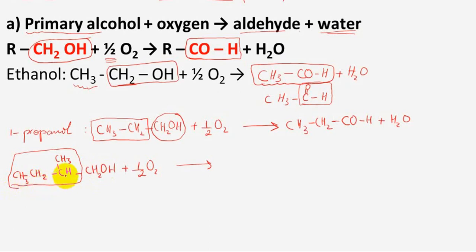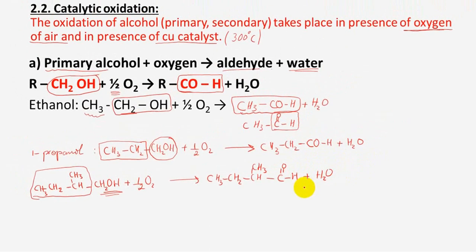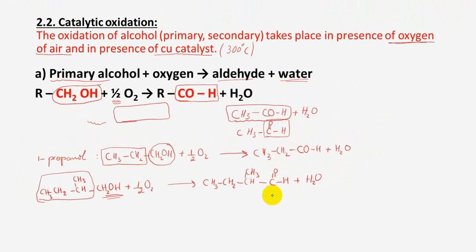We don't change their number of hydrogen. We conserve this part, CH3 CH2 CH CH3. We only change the carbon of the hydroxyl group into C double bond O H, plus the other product is water. This is the catalytic oxidation of a primary alcohol. In the first step, it will change into aldehyde.